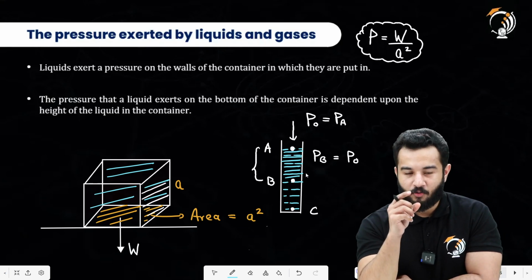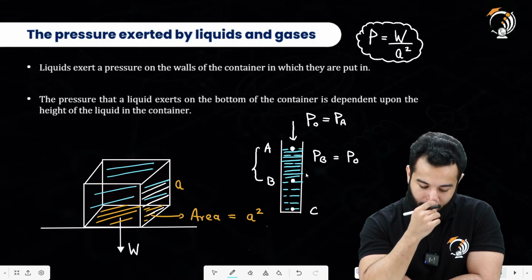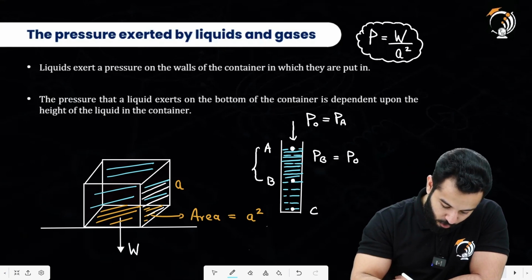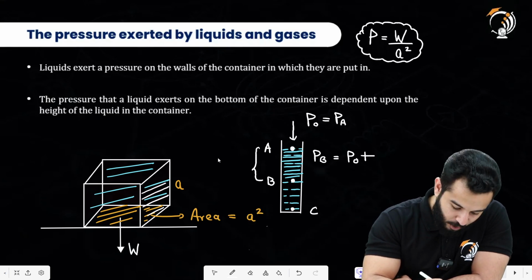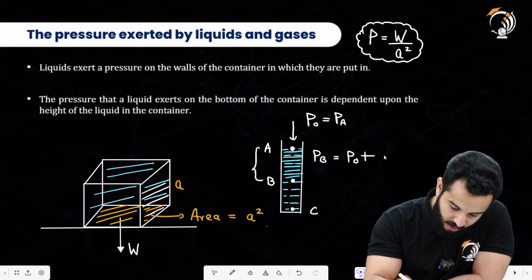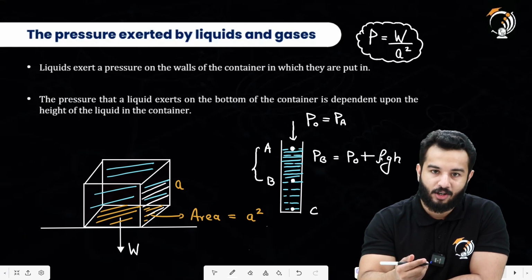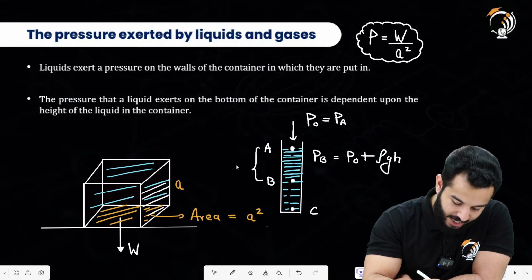That amount of fluid or liquid is also applying force at B. So we say P naught plus this excess pressure, which is written as rho GH, where rho is the density of the fluid, G is the acceleration due to gravity, and H is the height that we are talking about.